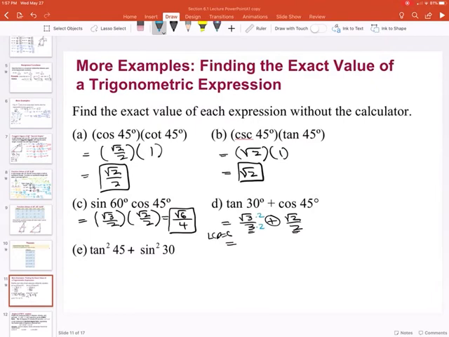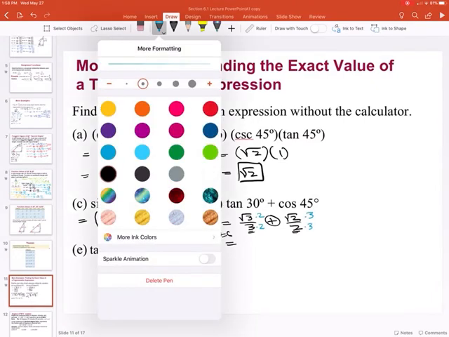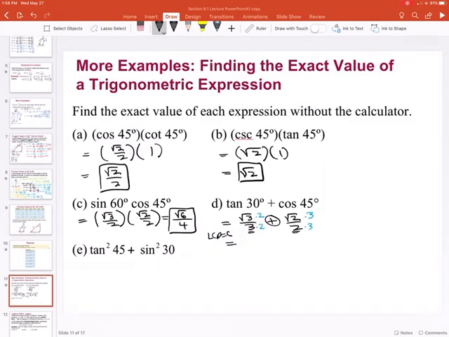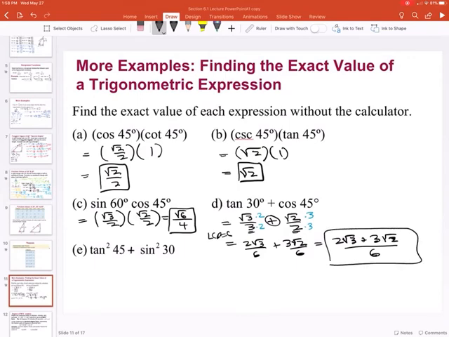So I'll multiply both numerator and denominator by 2, this one by 3. As we do that, we get 2 square roots of 3 over 6 plus 3 square roots of 2 over 6. As we add those together, we end up with 2 square roots of 3 plus 3 square roots of 2 divided by 6. So we sum those two together.